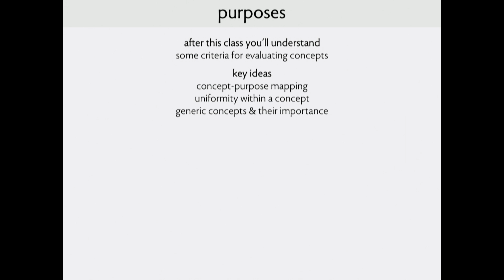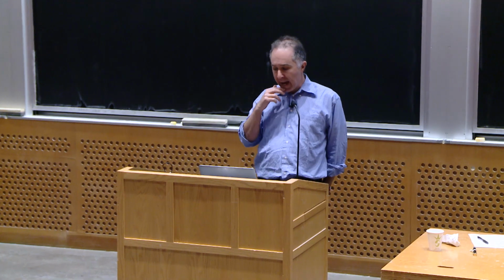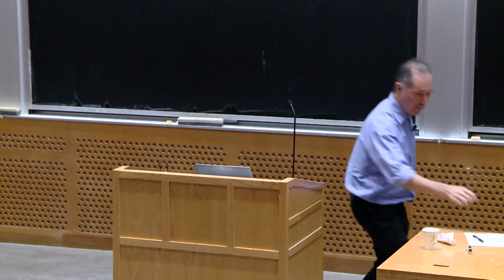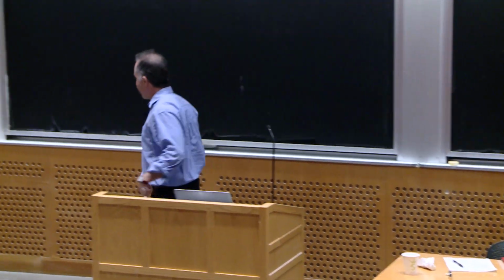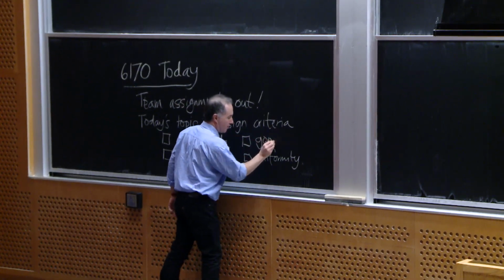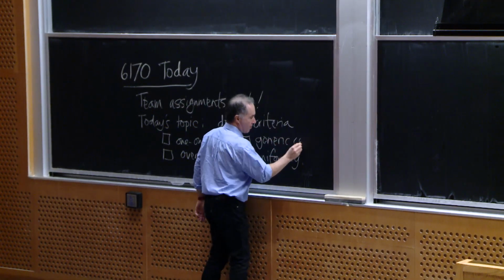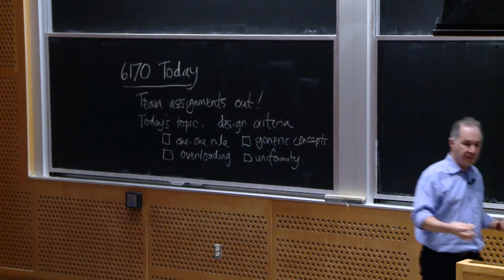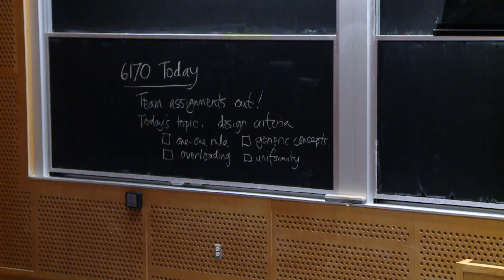The second thing is the notion of uniformity as a criterion within a concept. And then I'm going to talk about generics and the importance of generics. If I have time, I hope I will. Oh, I should add that to my list. Generics. And by generics, I mean generic concepts that can be used in many different contexts.